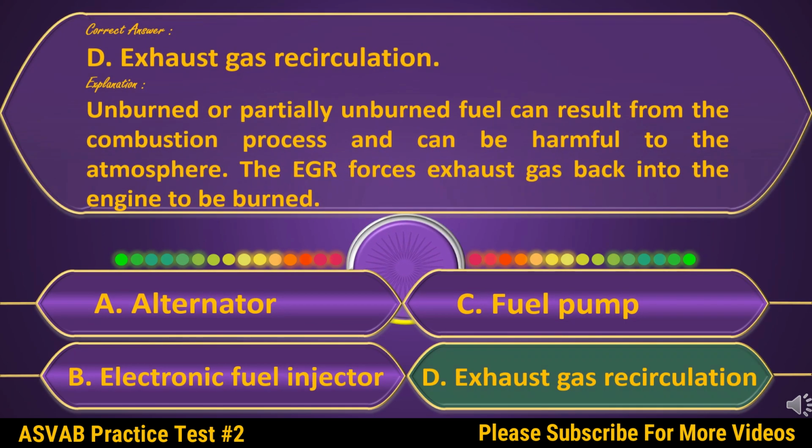The correct answer is option D, exhaust gas recirculation. Unburned or partially unburned fuel can result from the combustion process and can be harmful to the atmosphere. The EGR forces exhaust gas back into the engine to be burned.